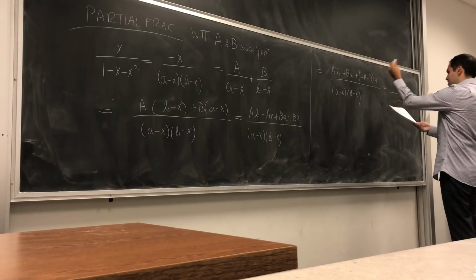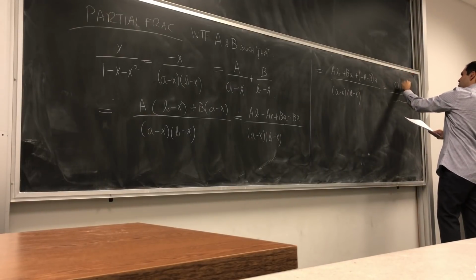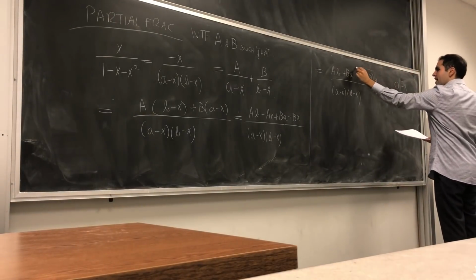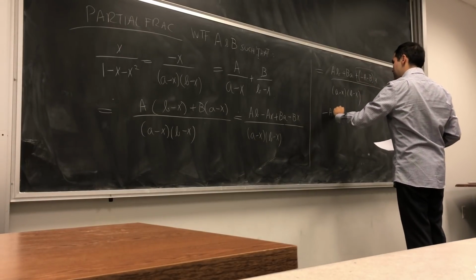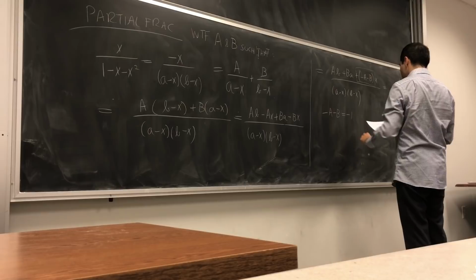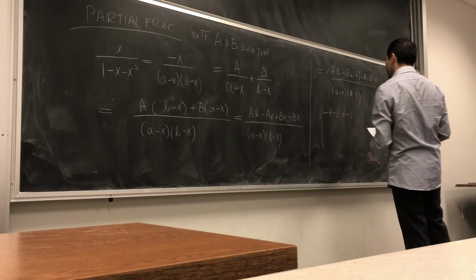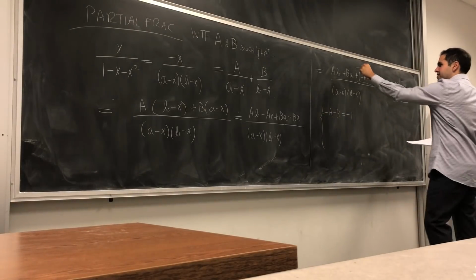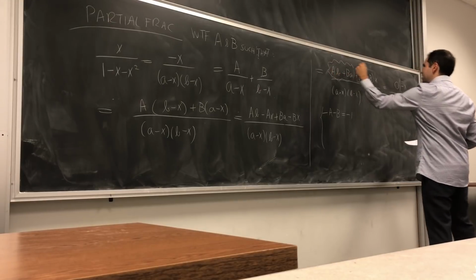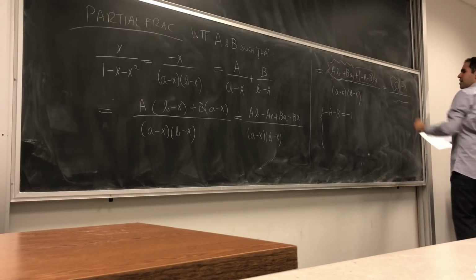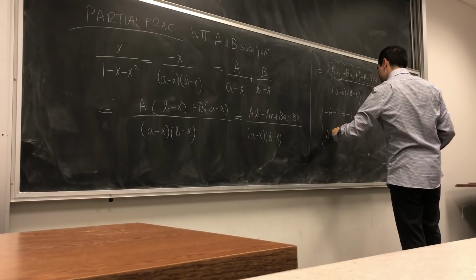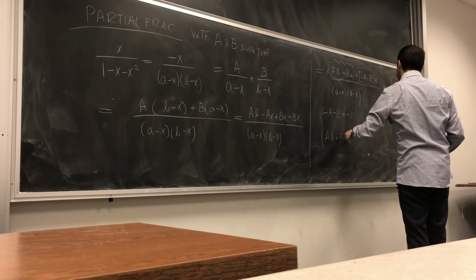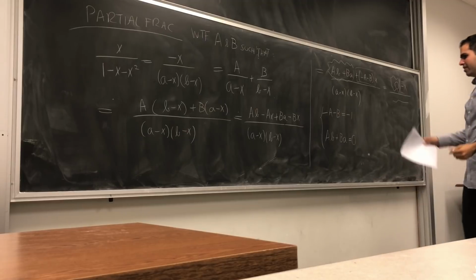So, in particular, comparing first of all the coefficients of x, we get minus A minus B equals minus 1. And comparing the constant coefficients, we get Ab plus Ba equals 0.